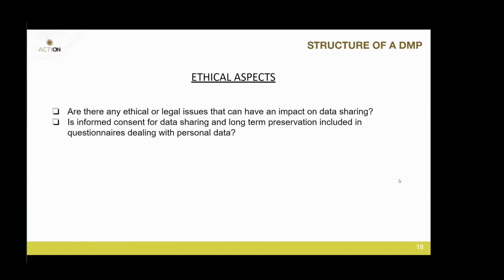And of course, if you have some informed consent forms, you can specify here, and you can even add the link to this informed consent so that people can see how it was done.